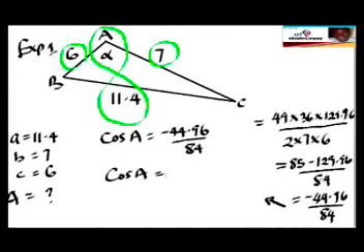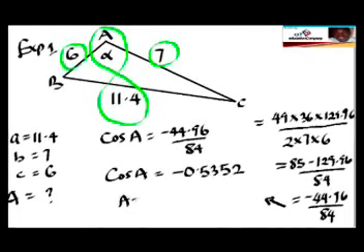If I punch my calculator, cos A will be equal to minus 0.5352.